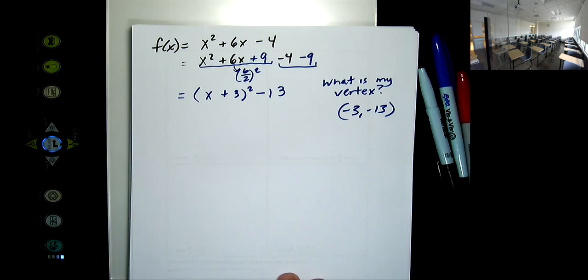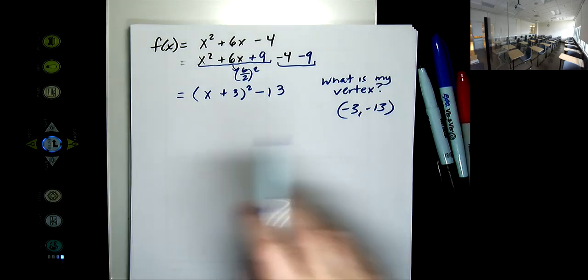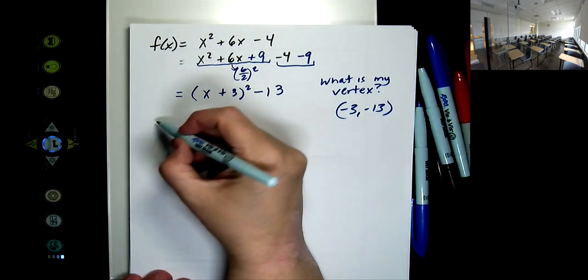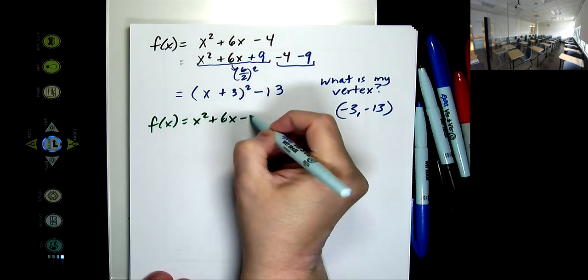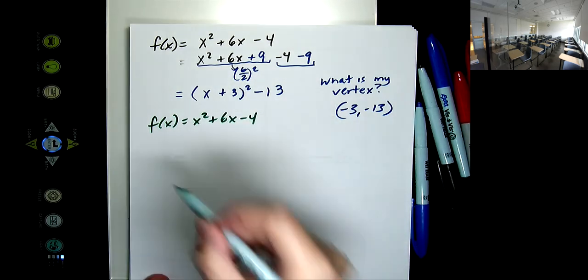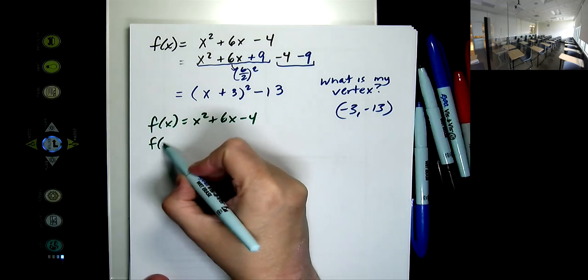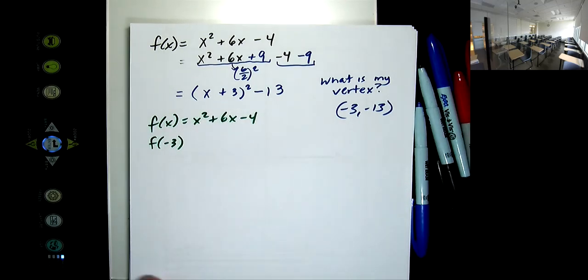Now, check this out. I had f of x equals x squared plus 6x minus 4. If I stick in -3, what do I get?